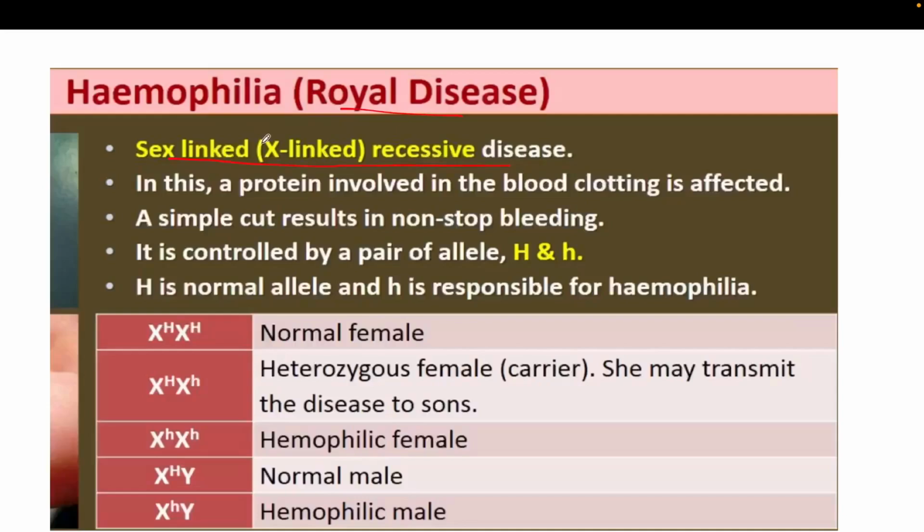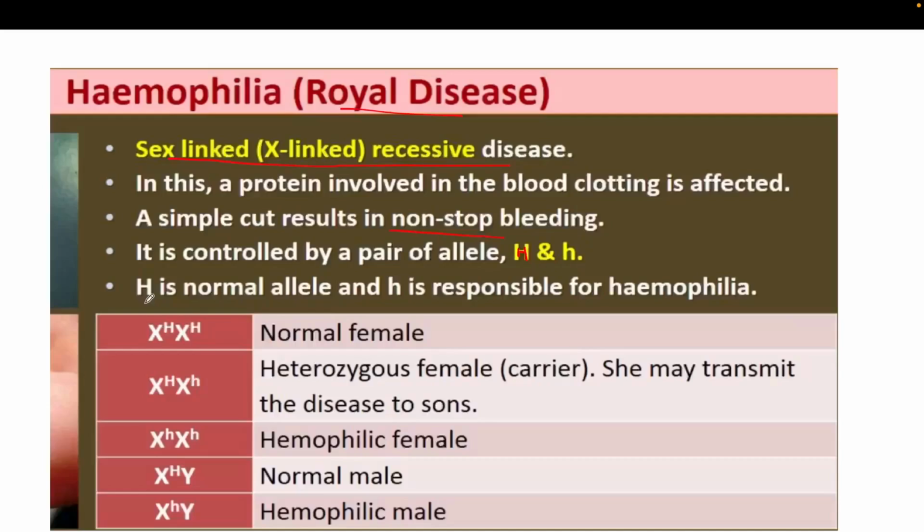It is not clotting, so a simple cut results in non-stop bleeding, and it is controlled by a pair of alleles called capital H and small h. Capital H denotes the dominant character, and small h denotes the recessive character.